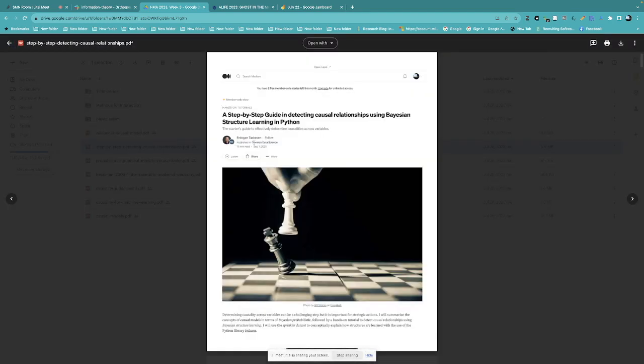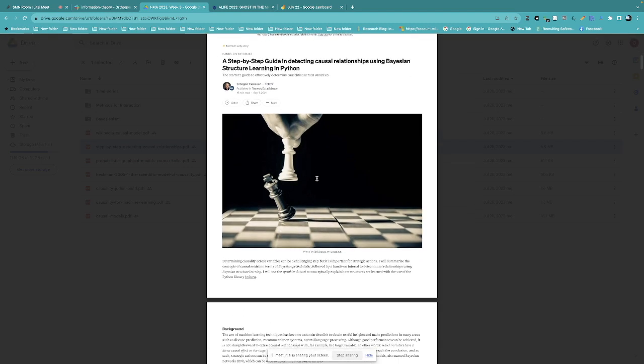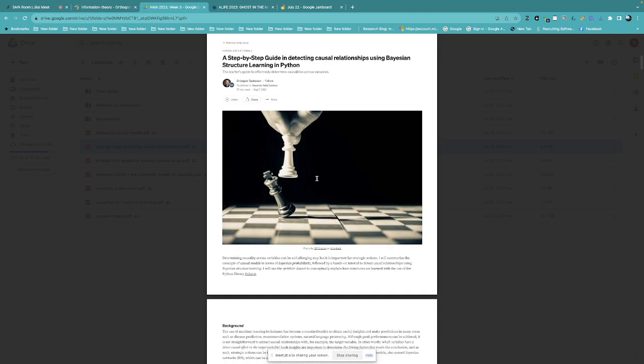Then there's this article. This is from Medium, a step-by-step guide in detecting causal relationships using Bayesian structure learning in Python. So this is an article on how to implement some of Bayesian structure learning, which is another method for detecting causality. As you can tell, there are some methods that are well established and methods that are not well established. There are some methods that grew out of the needs of statistical analysis.